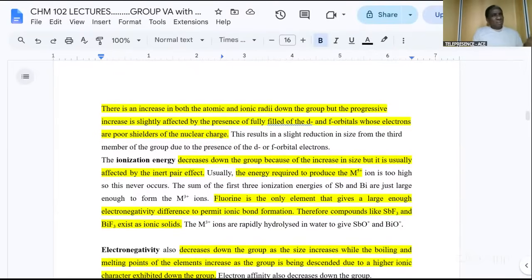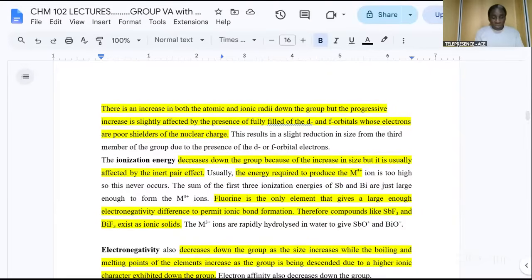This energy is directly or indirectly related to the activation complex. Compounds will always look for an alternative where minimal energy will give them a strong compound. That is why most of the time you don't get the plus 5 state compounds. I want you to take note of that.